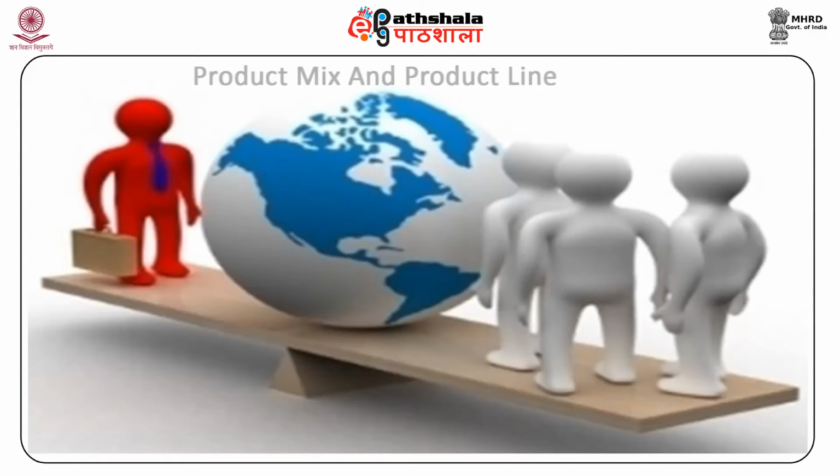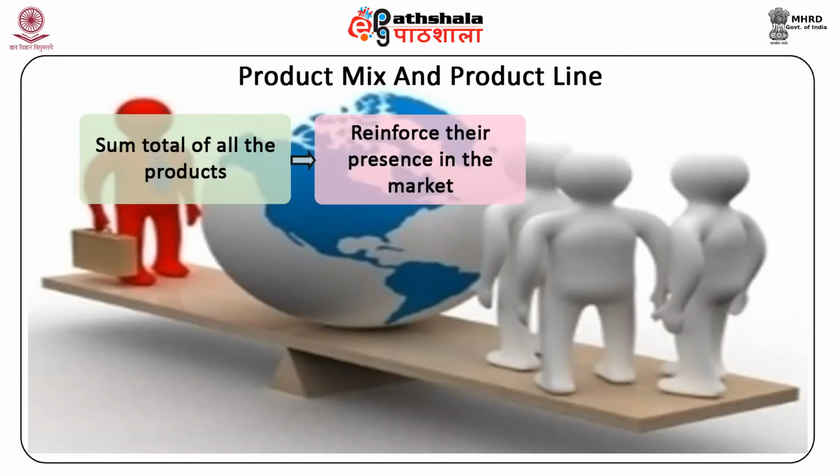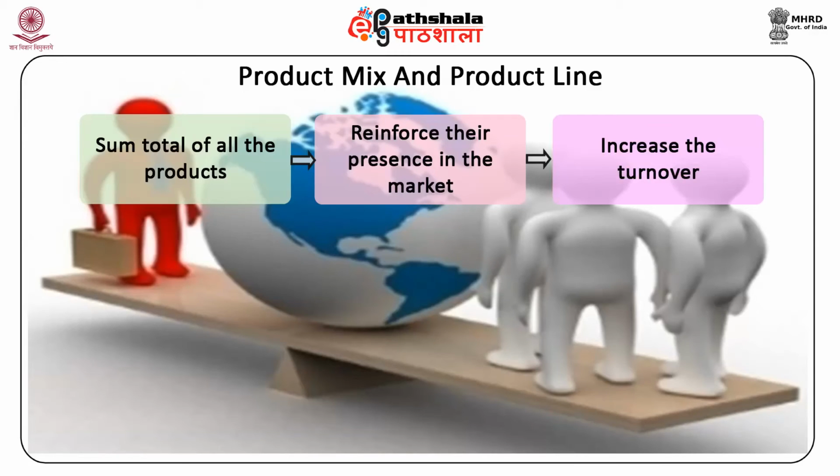Next, we will discuss product mix and product line. Product mix is the sum total of all the products manufactured or traded by a business house to reinforce their presence in the market, increase market share, and increase the turnover for more profitability.